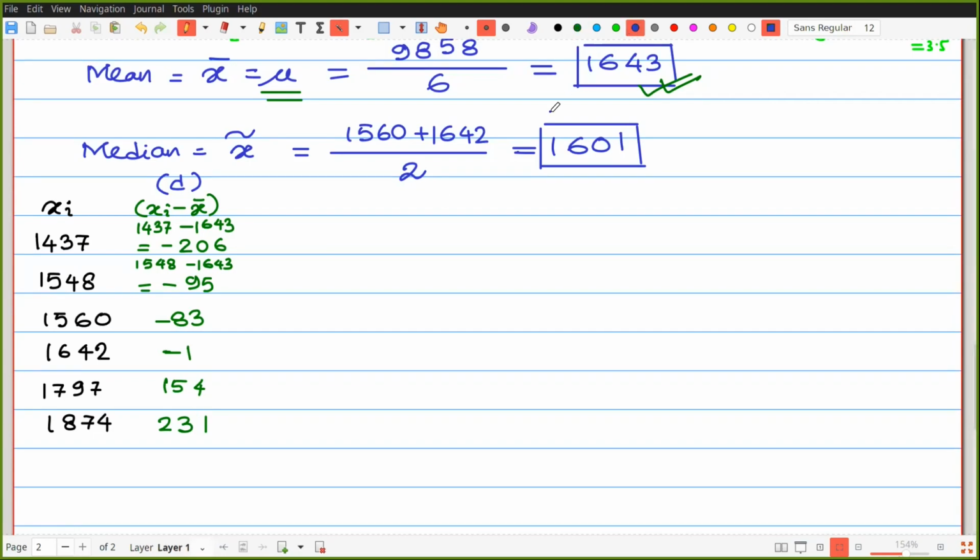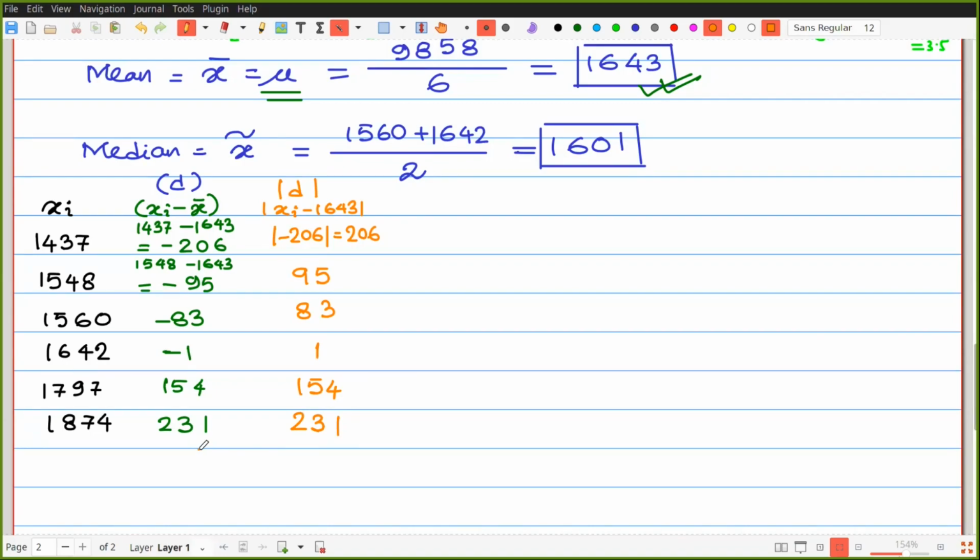The next column is the modulus of D. That means practically xi minus 1643, whatever is the mean for that particular problem. So minus 206 means 206. Like that, that is 95. Like that, that is 83. That is 1. That is 154. That is 231.